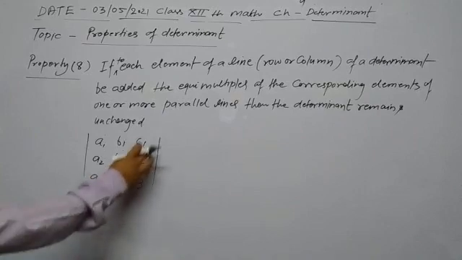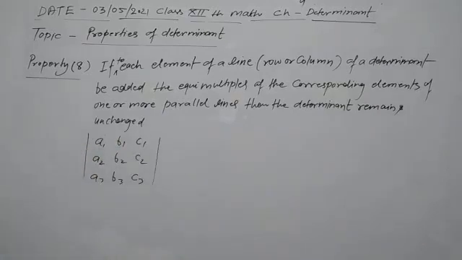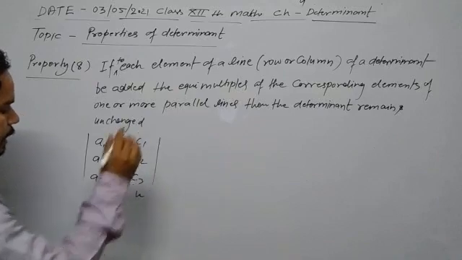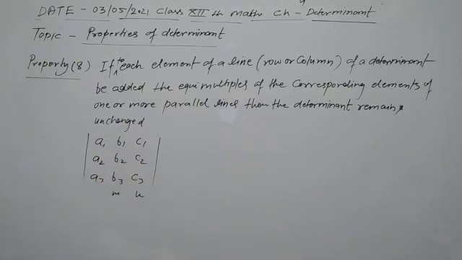Suppose, student, this is the determinant A1 B1 C1, A2 B2 C2 and A3 B3 C3. Suppose we are going to multiply by M in column 2 and N in column 3 and add to column 1. Then what will be the result?